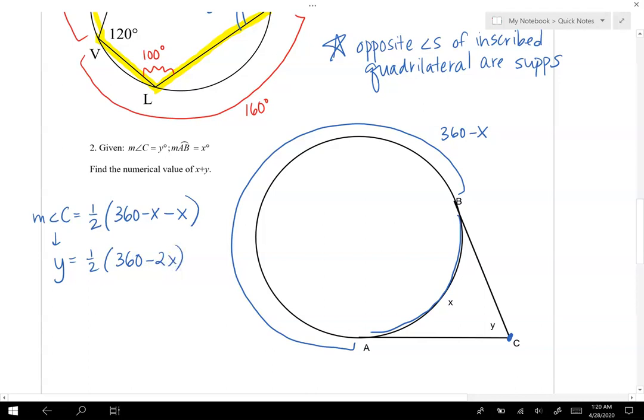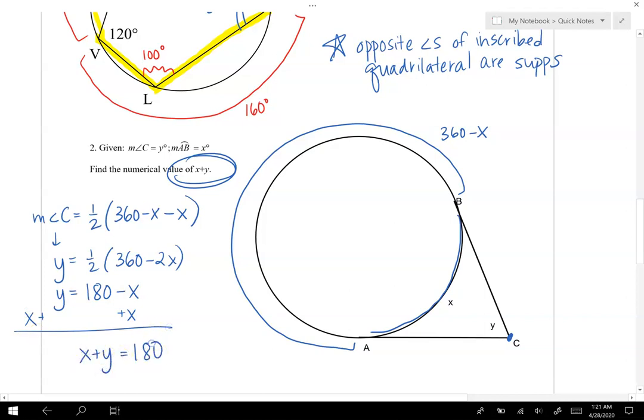Distribute the half. So I have 180 minus X, and I want to find out what X plus Y is, so I'm actually going to move the X over. What this tells me is X plus Y is 180 all the time.